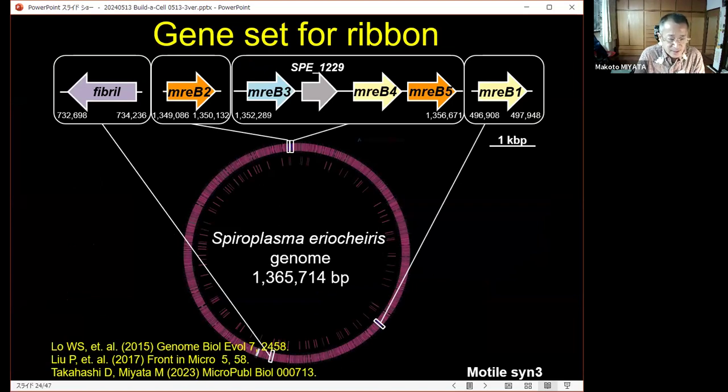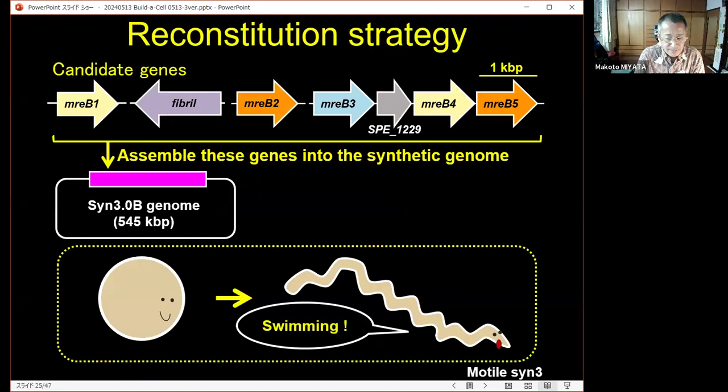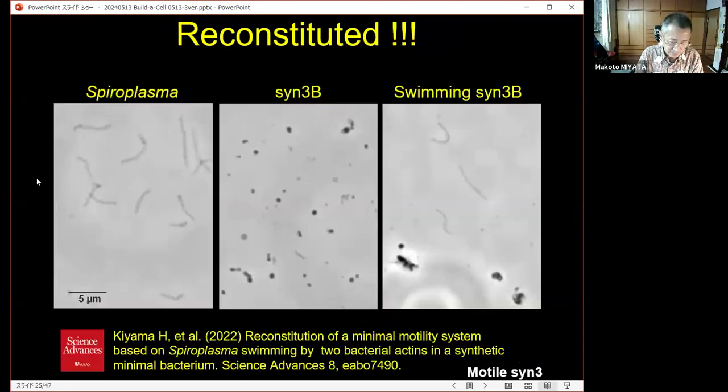We intended to integrate these genes into a single DNA fragment and express these proteins in the SYN3, and then see what happens. We assembled these genes in the same direction and expressed the proteins from the single DNA, including the 7 proteins. Then we see what happened.